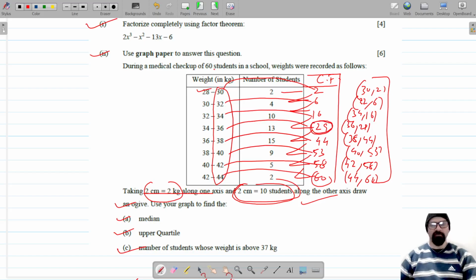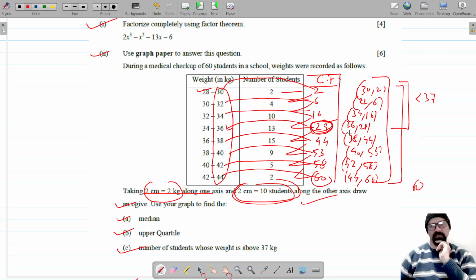So this is where the 37 kg point is. The total number of terms is 60, and below this the weight is less than 37 kg.